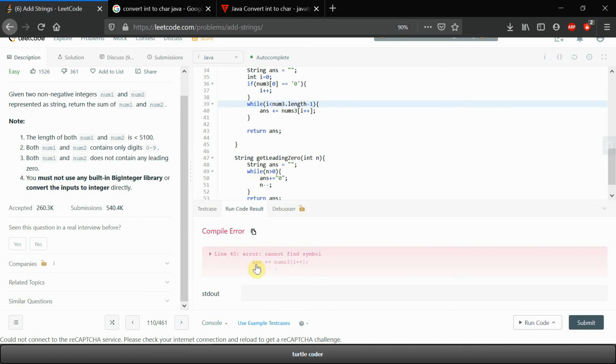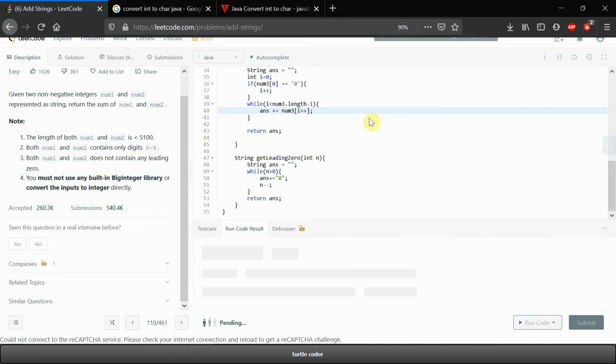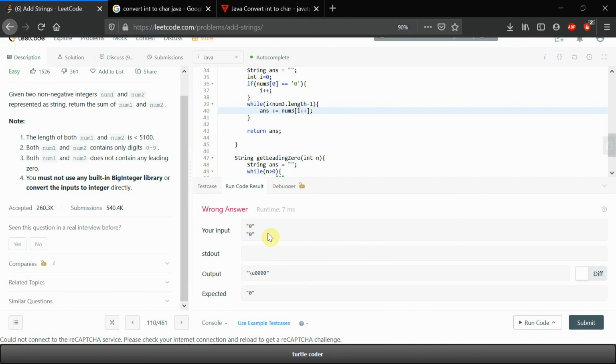Oh man, cannot find symbol. Answer plus equals num3. nums3. I used nums. Input, my output is, oh no, so bad.